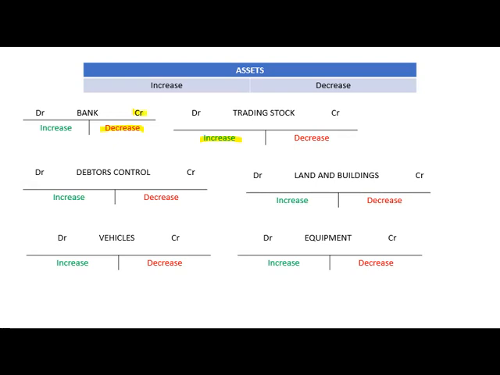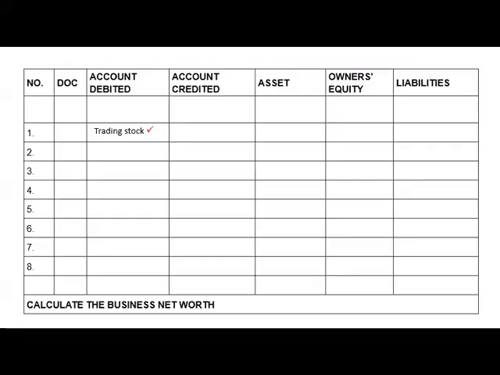Okay. So both trading stock and bank are assets. The one is a plus and the other one is a minus. Got that? I debited trading stock and credited bank.